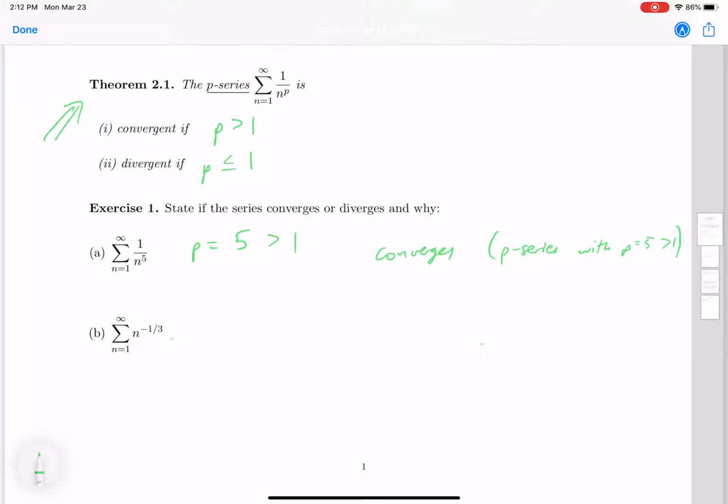B doesn't look exactly like our p-series, but we can rewrite it as the sum from 1 to infinity of 1 over n to the 1/3 power, which is a p-series with p equal to 1/3, which last time I checked is less than 1. So this thing diverges.